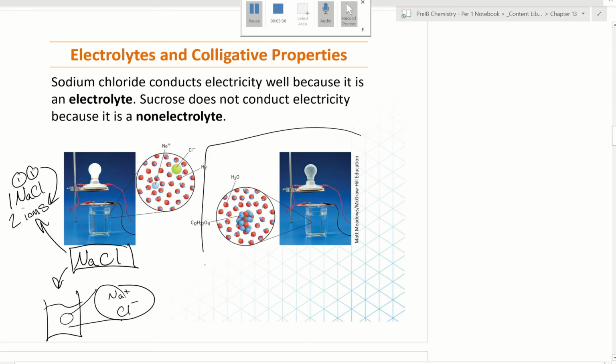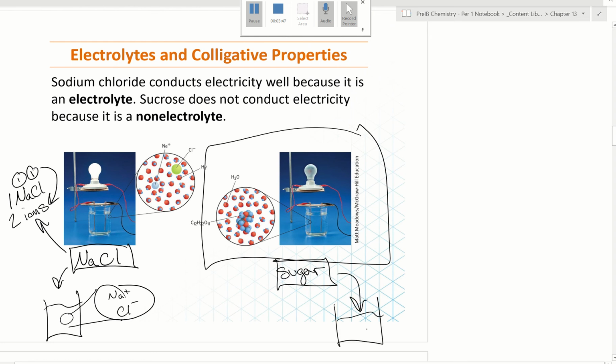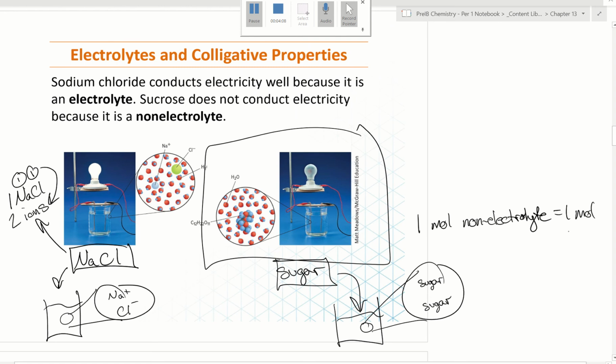Over on this side we have a non-electrolyte solute like sugar. If I place a sample of sugar into water and zoom in, there would just be sugar molecules. Sugar, sugar, sugar. For every 1 mole of a non-electrolyte, this equals 1 mole of particles in the water.